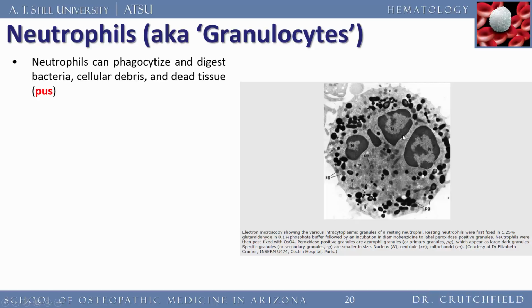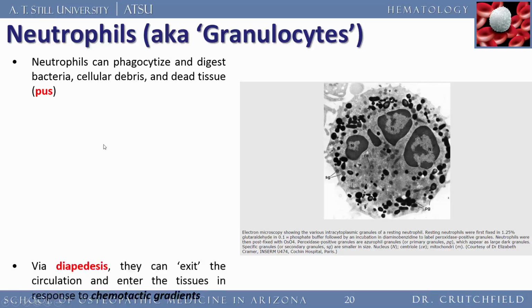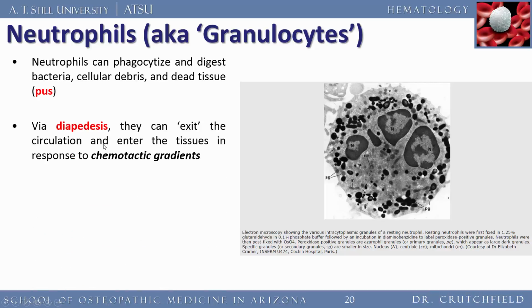These neutrophils can go out and eat and digest bacteria and cellular debris where they collect in the tissues. They're good for 2 or 3 days as pus. They actually can do this via diapedesis. Pedesis means feet.